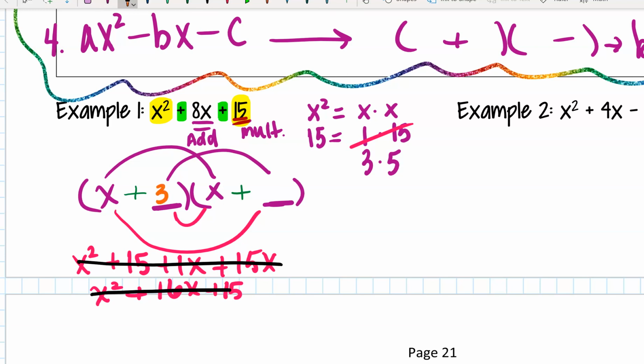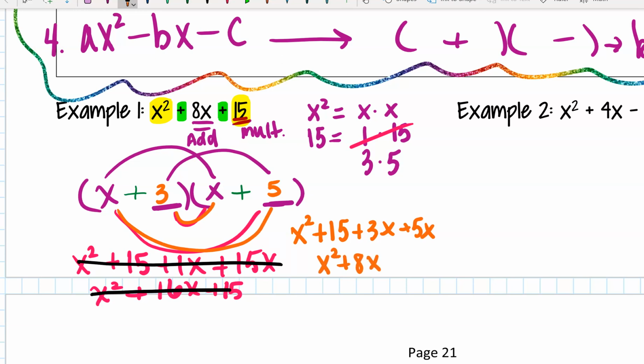I'm going to put my 3 and my 5 here. So I have x squared plus 3 times 5, which is 15. Again, good so far. Plus 3x plus 5x. So in standard form, we should end up with what we started with, x squared plus 8x plus 15, which I do.